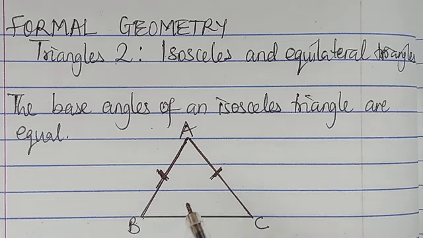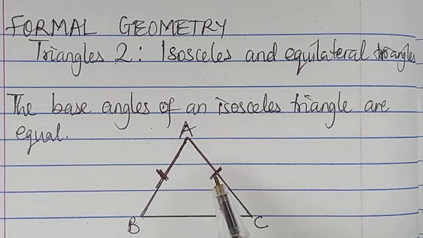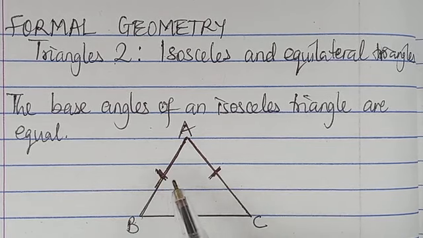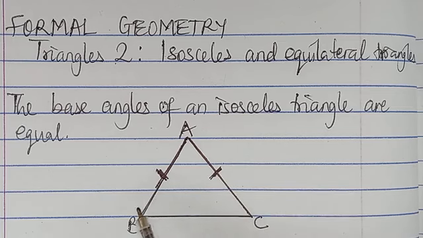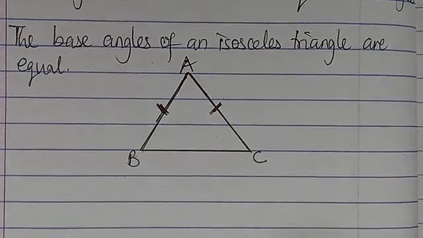We've been given a triangle here, and we can see that this side and this side are equal, shown by these two small lines drawn on the sides of the triangle. Let's start proving the normal way we do that.